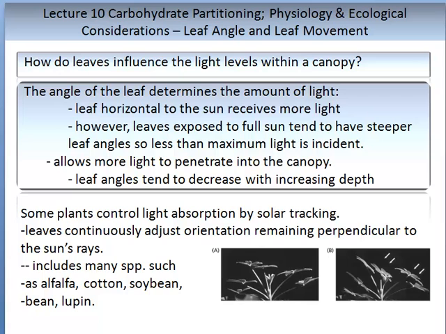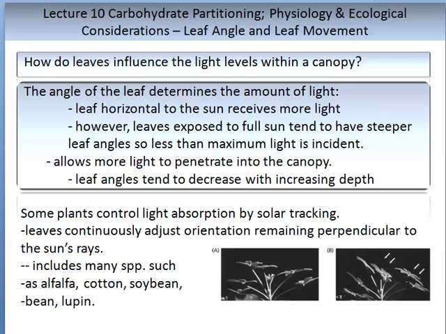So how do leaves influence the light levels within a canopy? Well, the angle of the leaf determines the amount of light that leaf receives. Leaves that are horizontal to the sun can receive more light. However, leaves exposed to full sun tend to have steeper leaf angles, so less than the maximum light is incident. This allows more light to penetrate into the canopy.